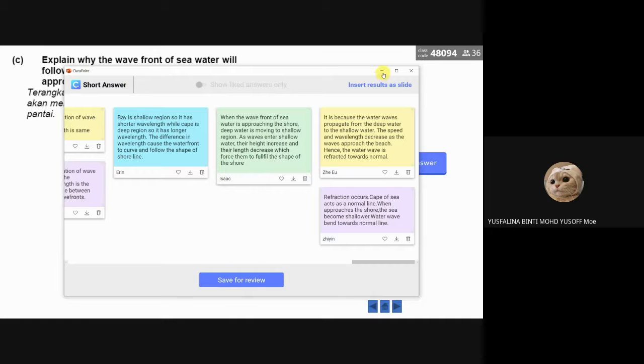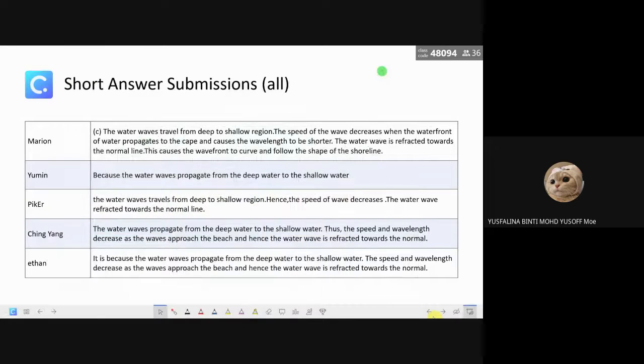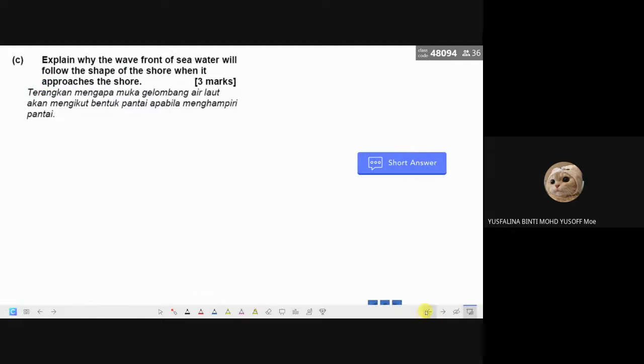Okay, so let's check your answer. Here you have to mention about the depth of the water. The sea water depth is decreasing when you approach the beach. So here you can say the depth of sea water is decreasing.